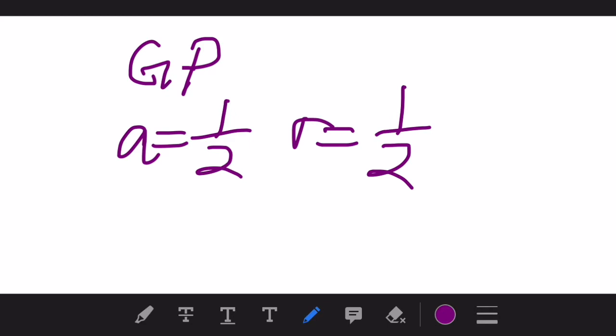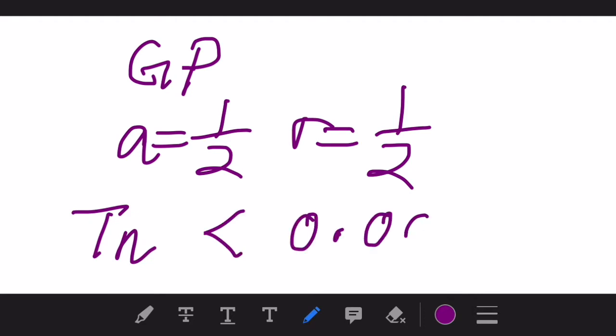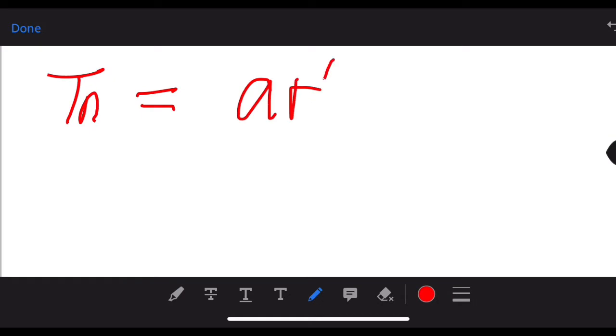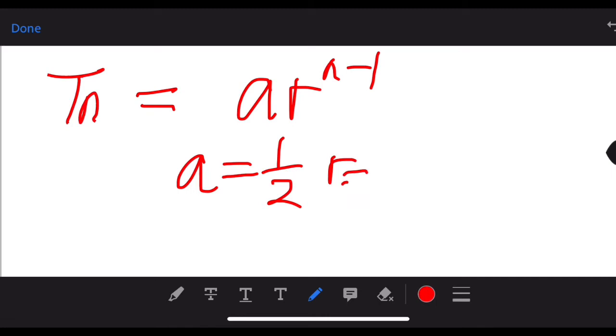Then we will use Tn less than 0.0001 meters. Tn equals A R to the power n minus 1. The A is 1 over 2, the R is actually 1 over 2, right?